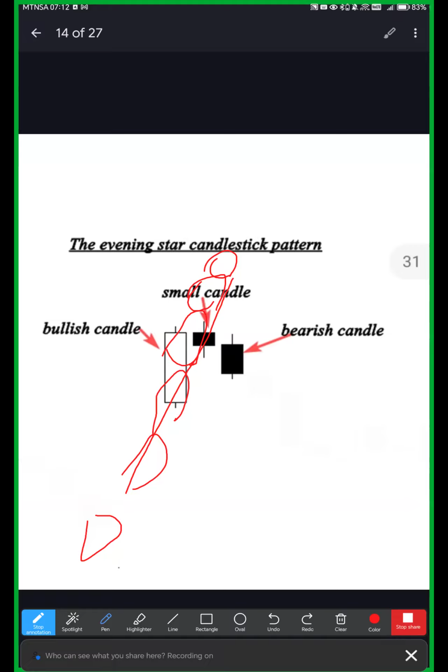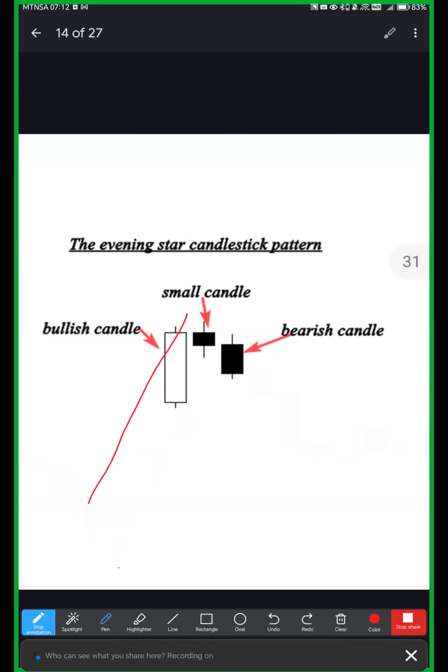Because no matter how long the trend might be, whether it is an uptrend, in this scenario it is an uptrend, no matter how beautiful it may seem, no matter how excited you are, that's why we said do not allow emotions to be involved when it comes to trading.